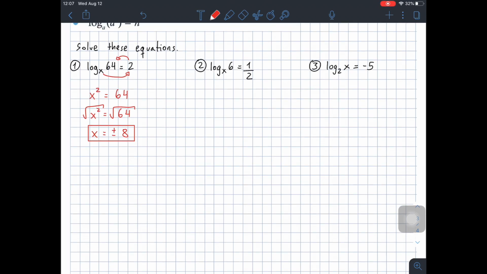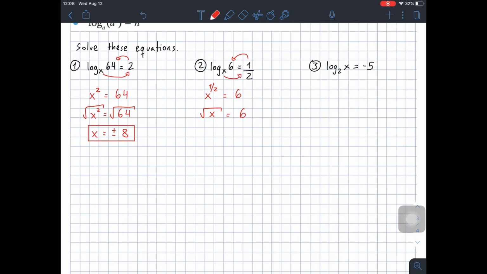Okay. Then we have log base x of 6 equals 1/2. Same thing here. We're going to do x to the power of 1/2 should be equal to 6, right? If you remember from exponents, whenever we have x to the power of 1/2, this is the same as saying the square root of x, and this is equal to 6, right?